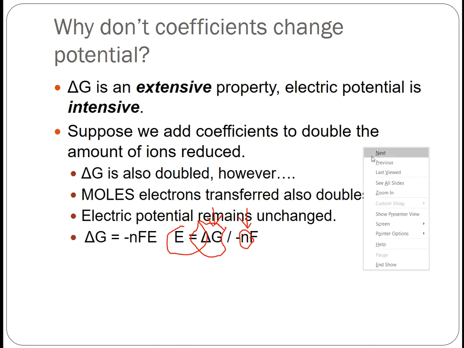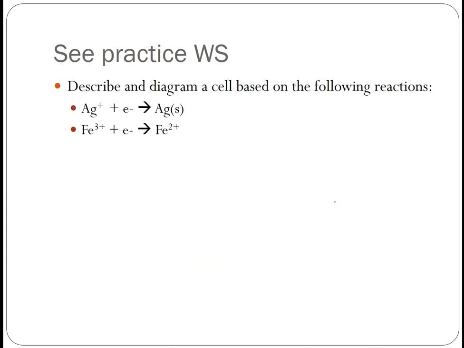Okay, so this is getting long, but it is mercifully almost over. Suppose we had these two half reactions here, and we wanted to describe and diagram a cell based upon them. This particular thing should be on your practice worksheet. Notice, I hope this is alarming, that there's two reductions here.